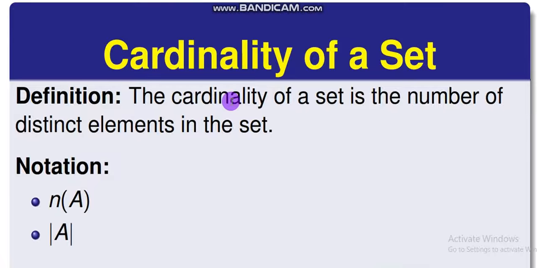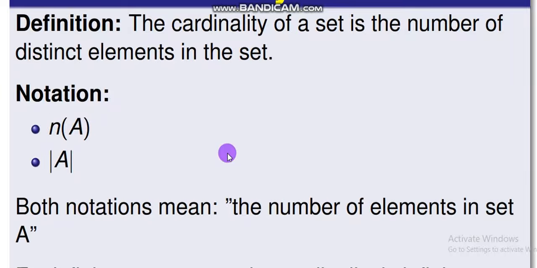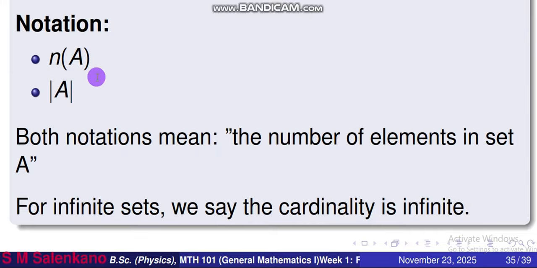The next thing is the cardinality of a set. What do we mean by the cardinality of a set? By definition, the cardinality of a set is the number of elements in the set. Here in notation, this is how it is written: n of A, or just the absolute value of A, but it is not read like that.